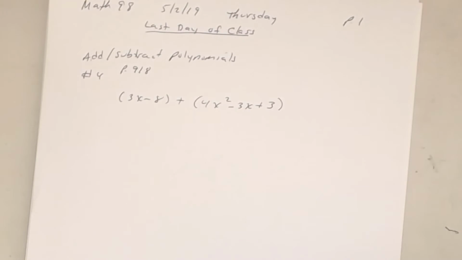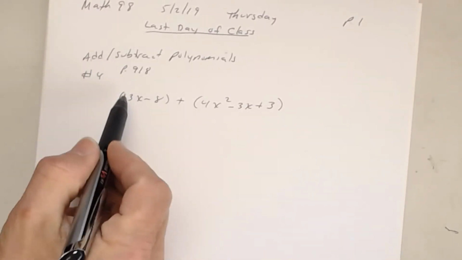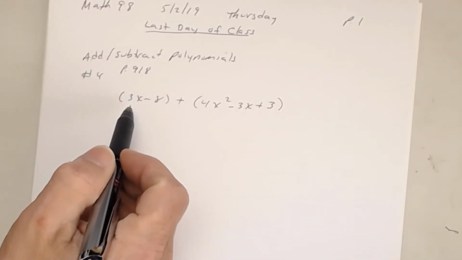All right, so in order to add these 2 polynomials, you're going to combine like terms. If you go back to that first polynomial, that first term is 3x, okay? Like terms are terms that have the same variables raised to the same power. The corresponding variables have the same exponent.